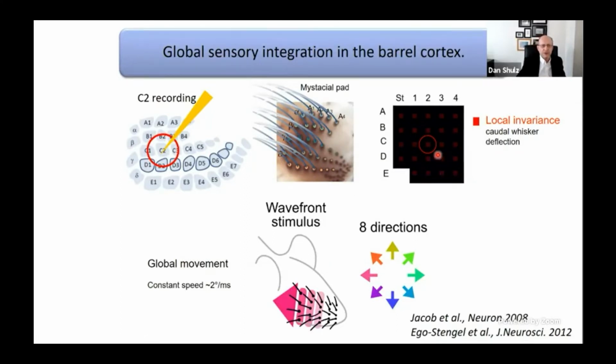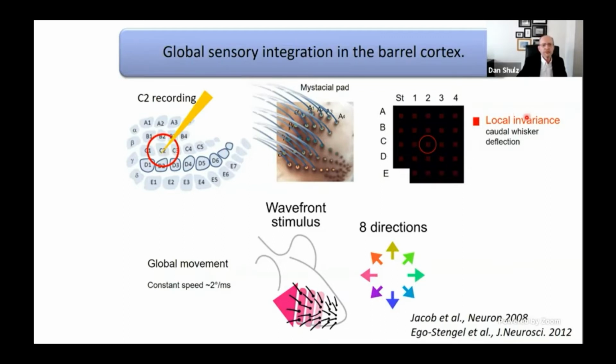Of course, this is a visual representation of the actual tactile stimulus that is given to the whiskers.